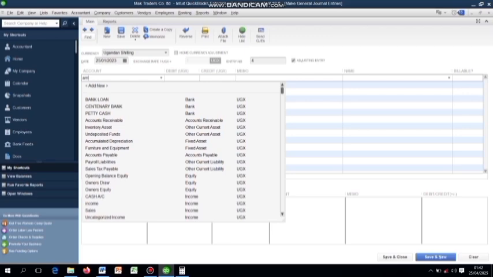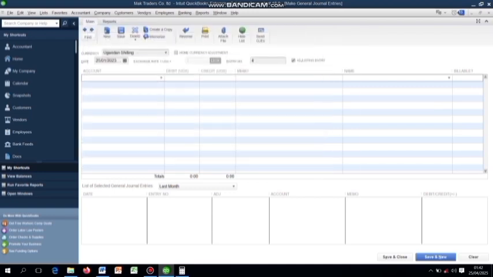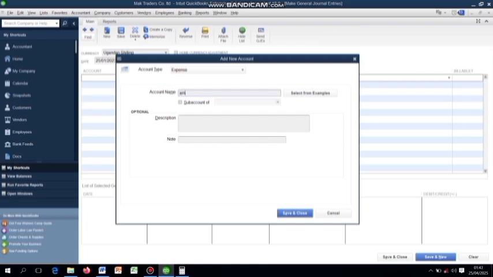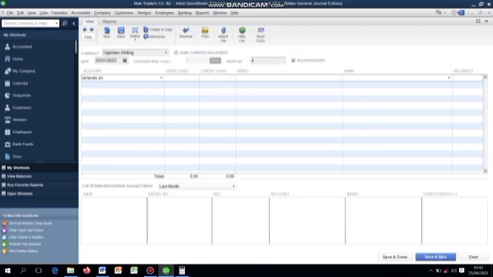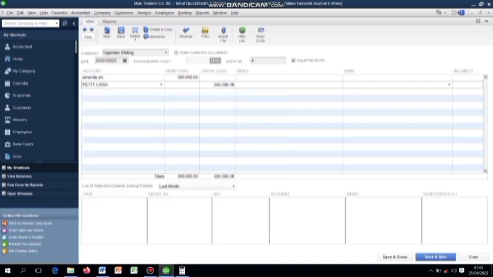Then I'll come here, Amanda. I'll add new. She's an expense because we are taking out money. I choose the account name, Amanda account. I say yes. I will debit her with 300,000. Then they said they paid cash, so meaning we are going to debit the petty cash.